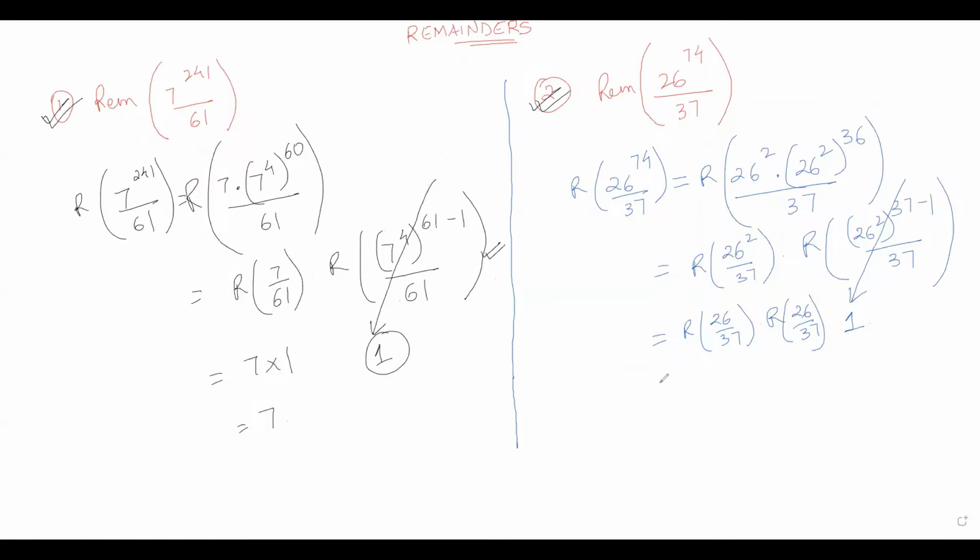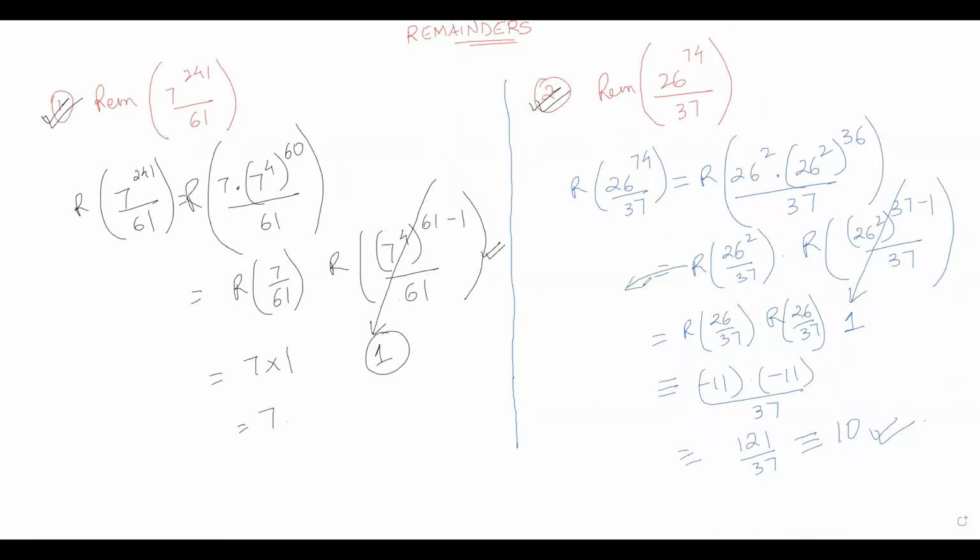Now this will give us a negative remainder of minus 11, and this will also give us a negative remainder of minus 11, and this would be divided by 37. So the remainder of 26 raised to power 74 upon 37 would be the same as the remainder of 121 upon 37, which would be 10.